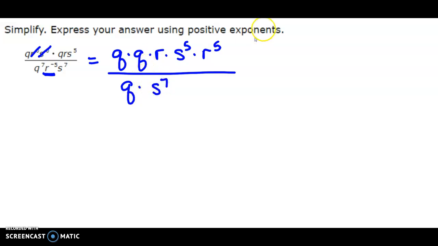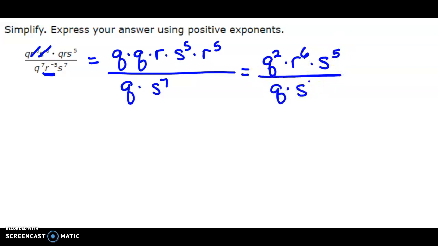On the bottom, I have q times s to the 7th. Now I'm going to combine q, r, s. Q times q is q squared. R times r to the 5th is r to the 6th, and s to the 5th over q times s to the 7th. Again, I'm going to show you my way first. I prefer to look at each individual letter: who has more, how many more.